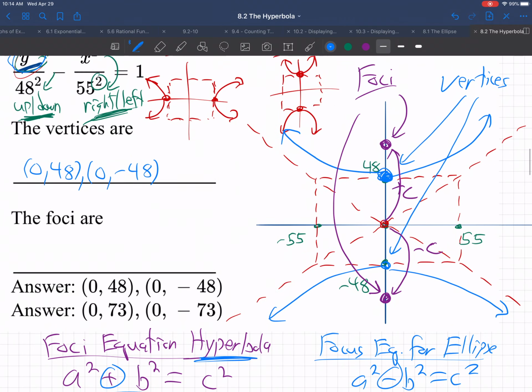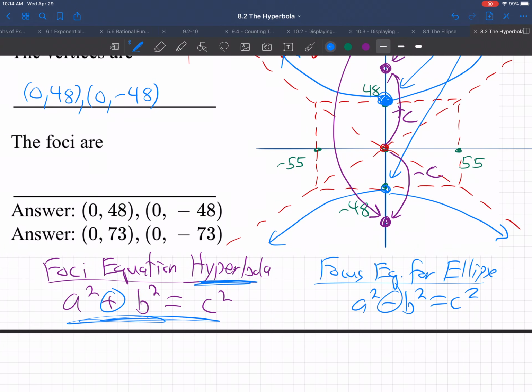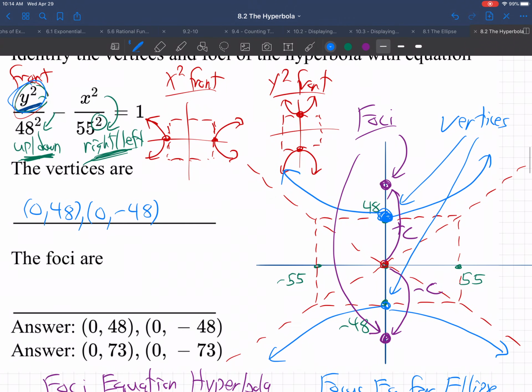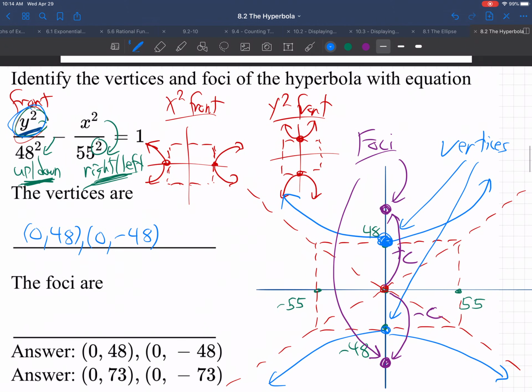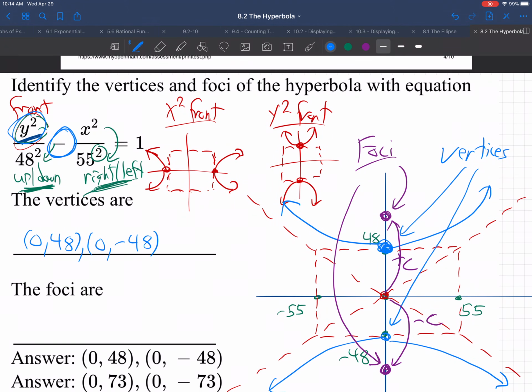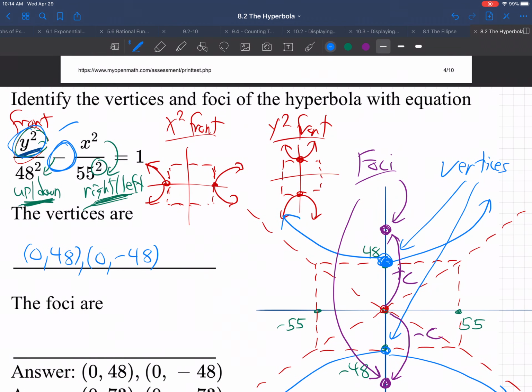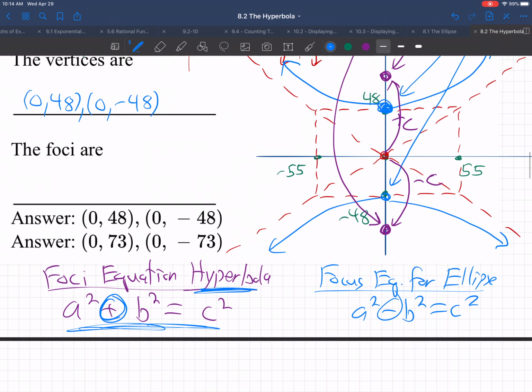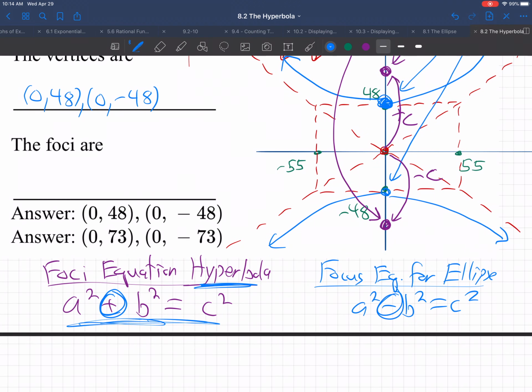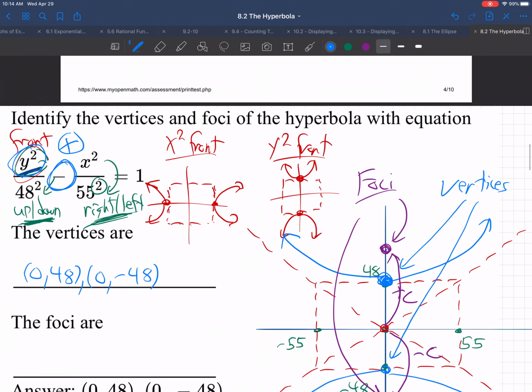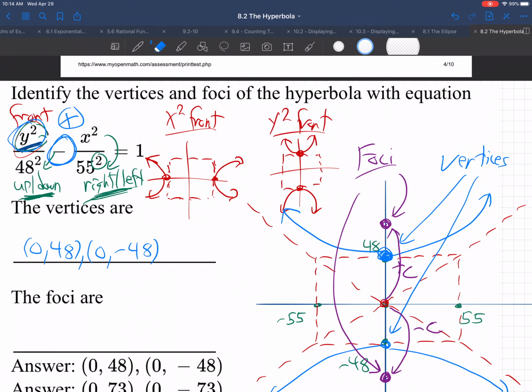So again, the only difference is the sign in the middle. You can put all this in your notes for the next exam, of course, but the easy way to remember it: the hyperbola has minus in the main equation and plus in the focus equation. It's opposite. Whereas the ellipse has plus in the main equation and then minus in its focus equation. So they switch their sign from the main equation to the focus equation, both hyperbola and ellipse.